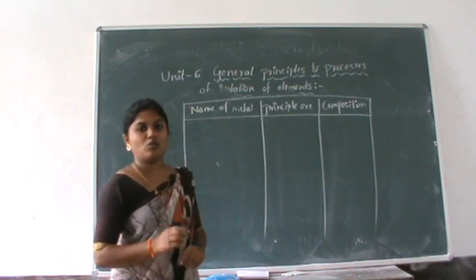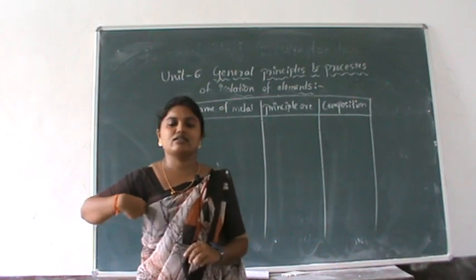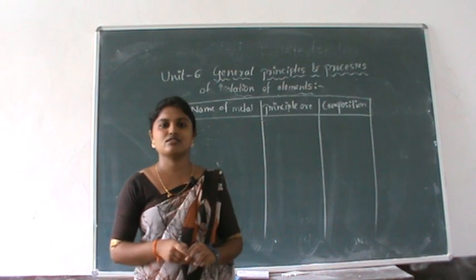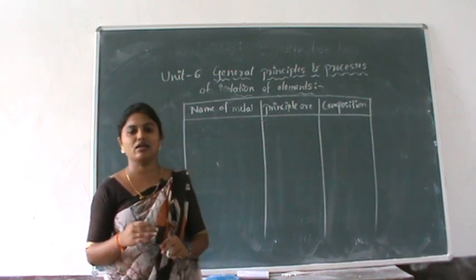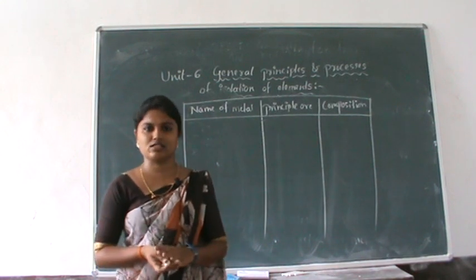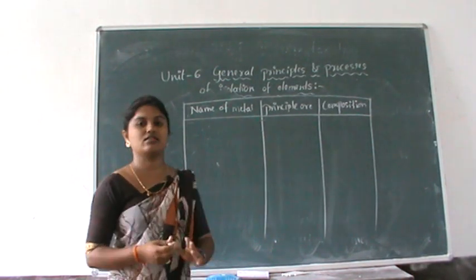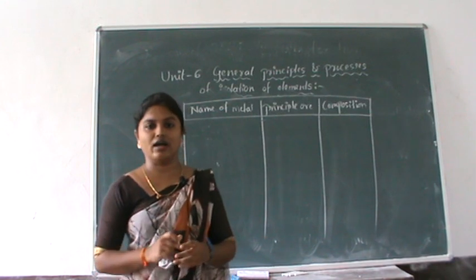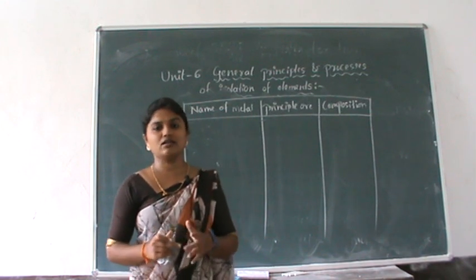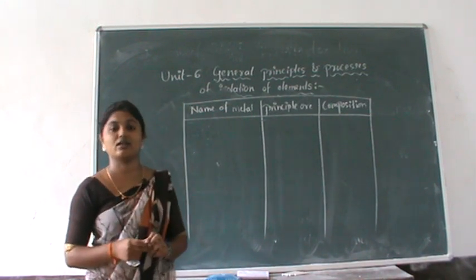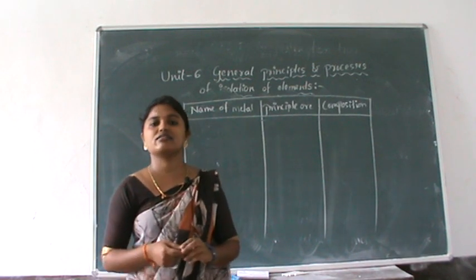Okay. The most abundant metal present in the earth crust is aluminum. Aluminum is available abundantly in the earth crust. So if asked which is the most abundant metal, that is aluminum. Next come iron, copper, zinc and other metals. How are they present in the earth crust?